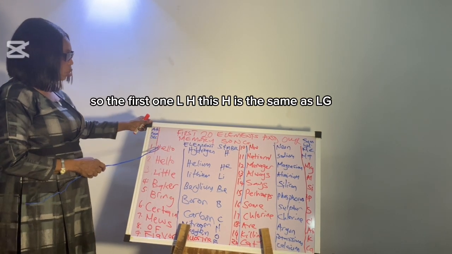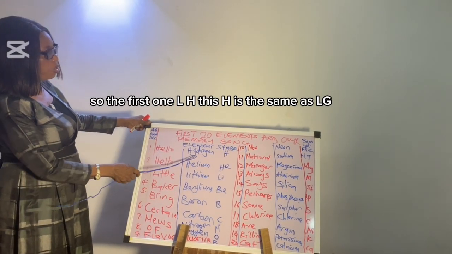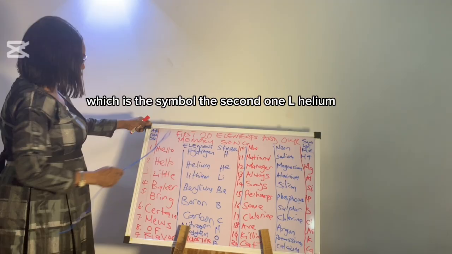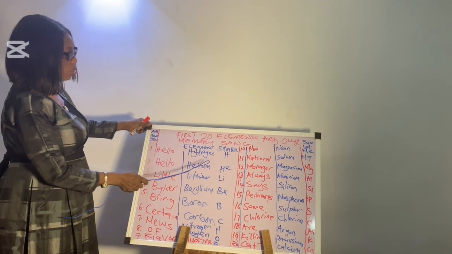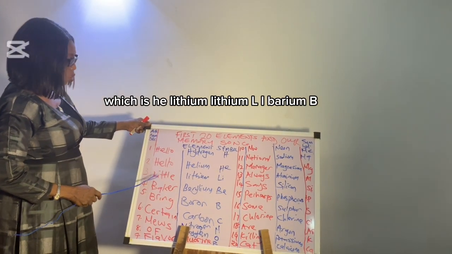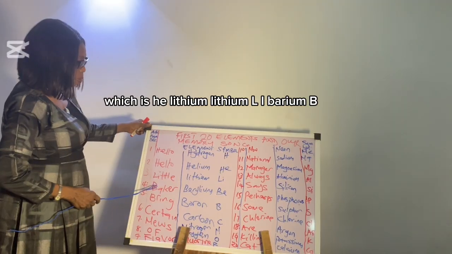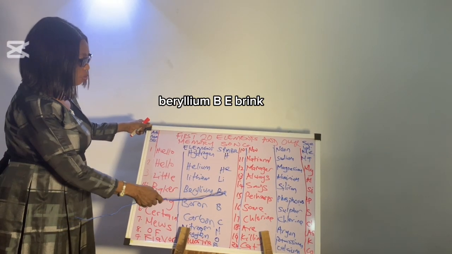So the first one, hello, this H represents hydrogen, which is the symbol. The second one, hello, helium, which is He. Lithium, Li. Baker, B, beryllium, Be.